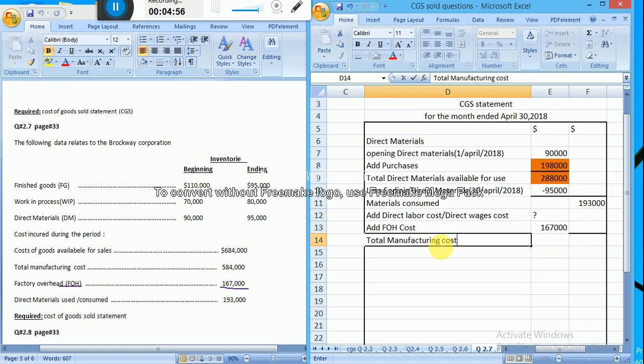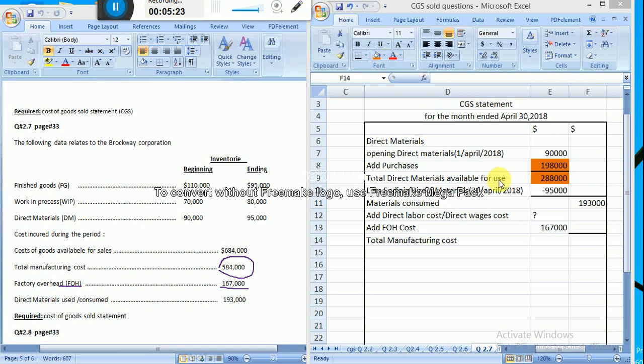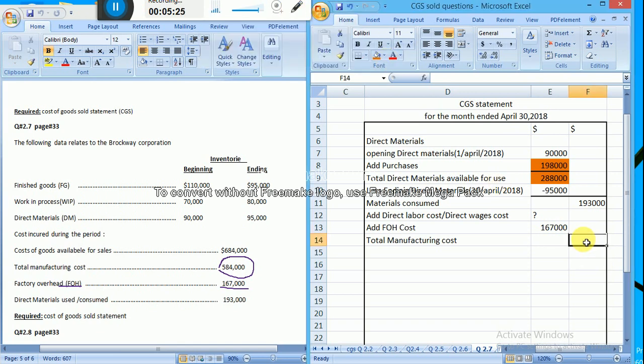Total manufacturing cost is given in the question, and total manufacturing cost which is given is how much? $5,84,000.